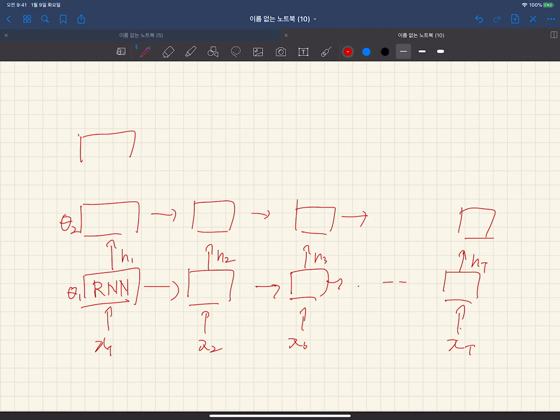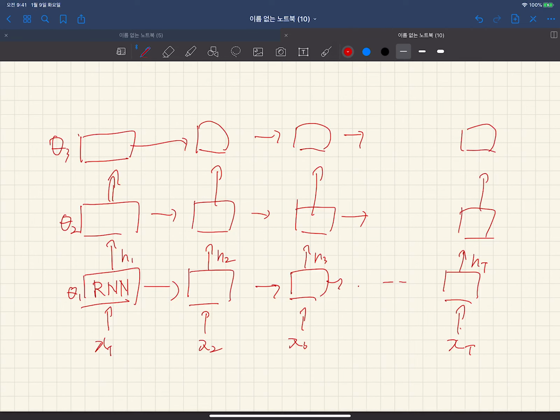You can define an RNN with theta 3 here with the output of the second RNN. Then you can use more parameters and define a more complicated relationship between input and output, so you can expect better performance.